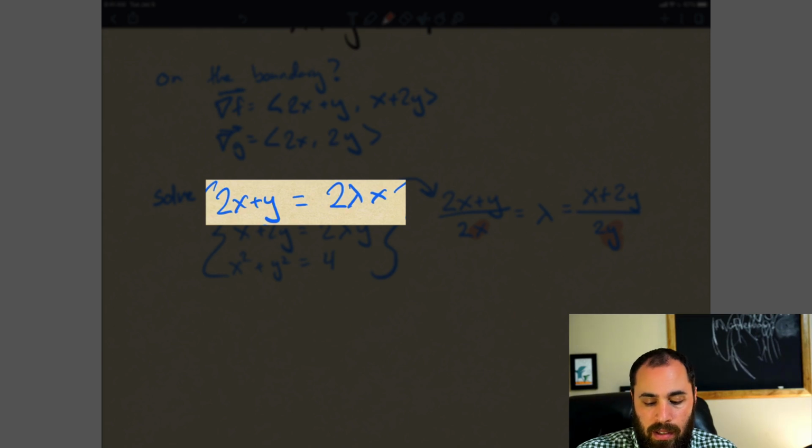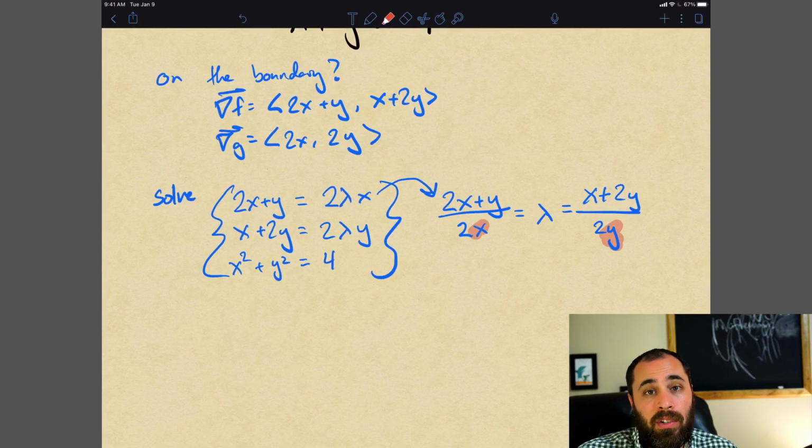And likewise, the second equation says the same thing. If y were 0, then x would have to be 0. And actually, we don't have to worry about that because the point 0, 0 is not on the circle x squared plus y squared equals 4. So there are no points that might be a solution where x or y is 0. So we're just okay dividing by x and y here.